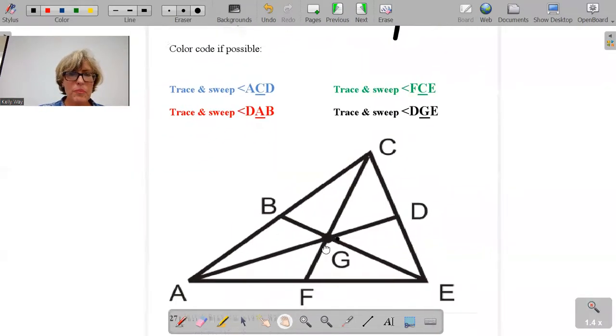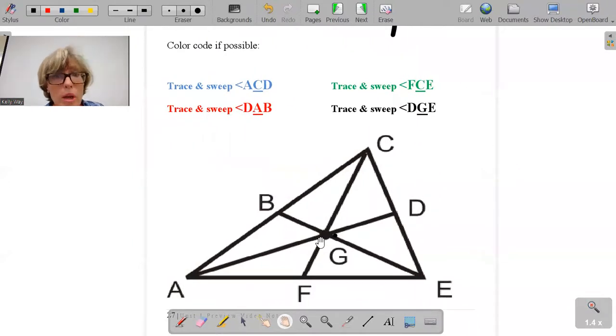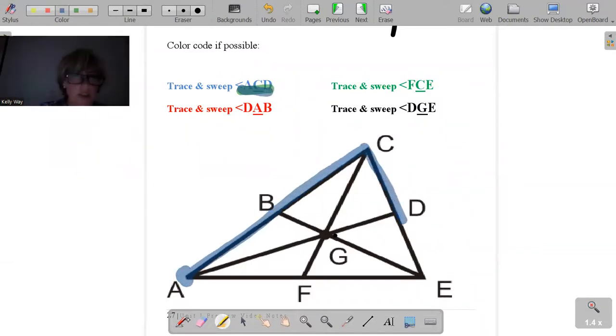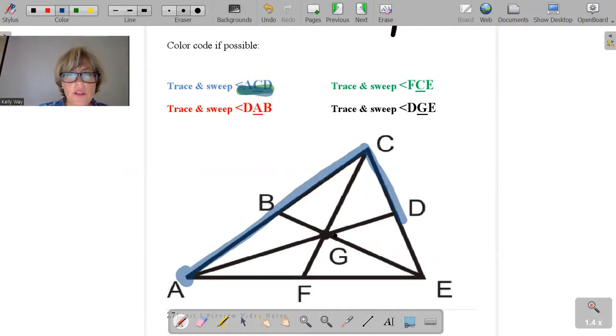Follow with me. We're going to trace and sweep angle ACD. Let me get my color straight here. ACD. So that angle would be like this. ACD. Trace and sweep. That angle right there would be angle ACD.